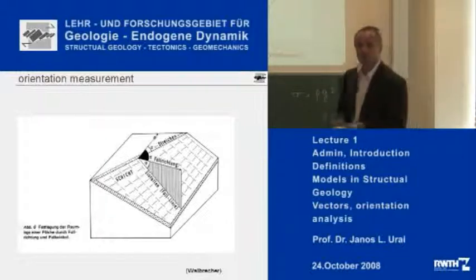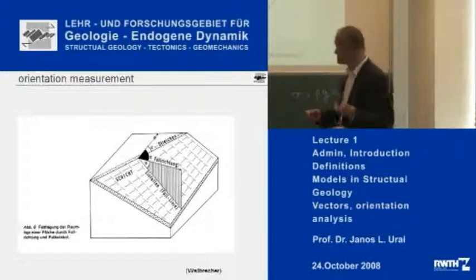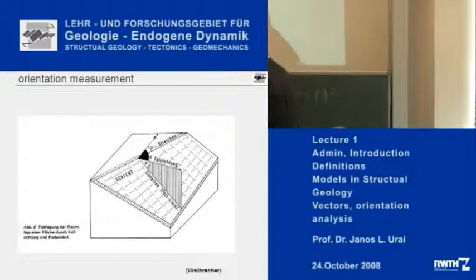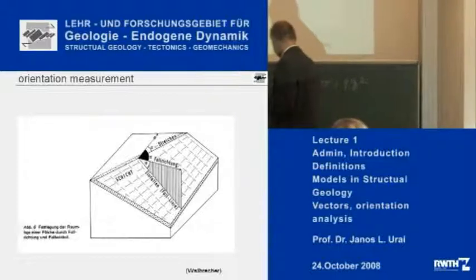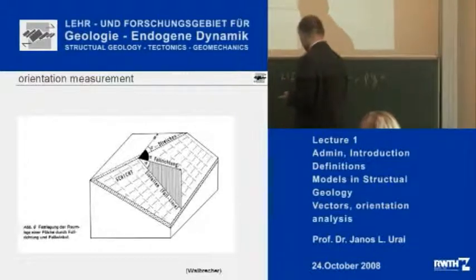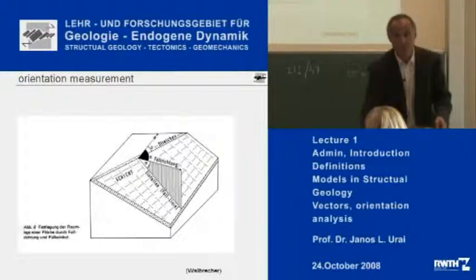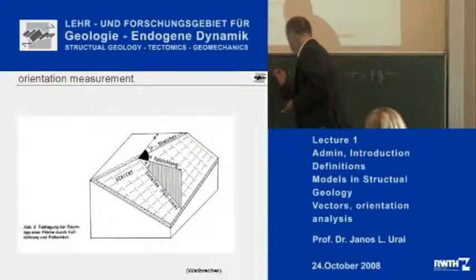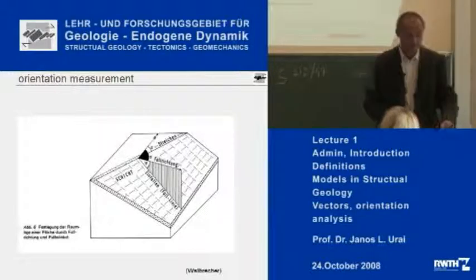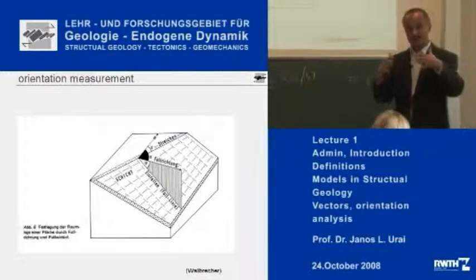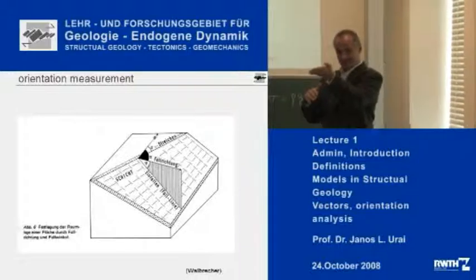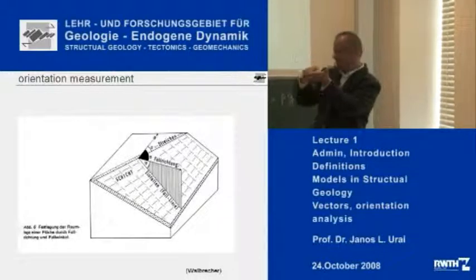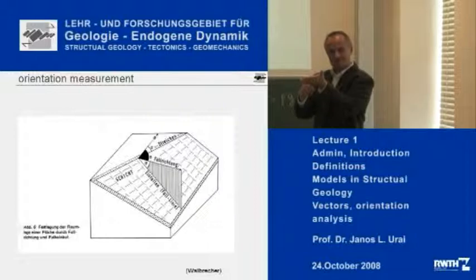So for example, this is the European notation, if you would write 212/45, that means that this is a plane whose steepest dip goes to 212, which is a little bit to the southwest, and it dips 45 degrees from horizontal.